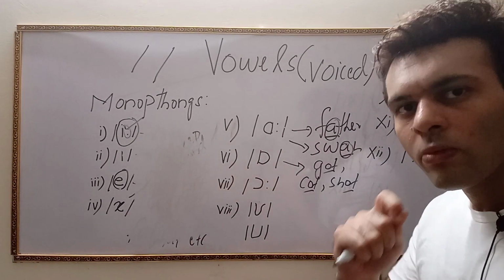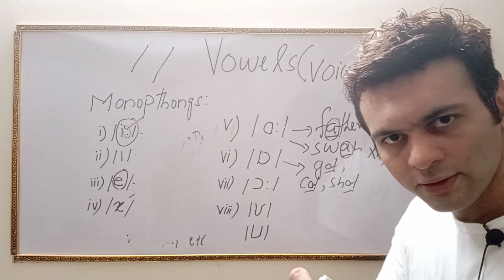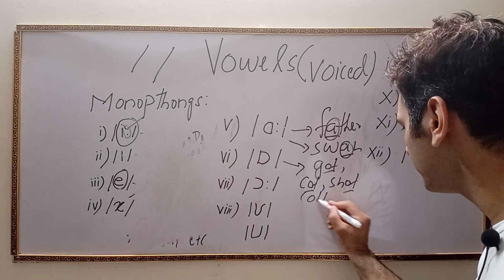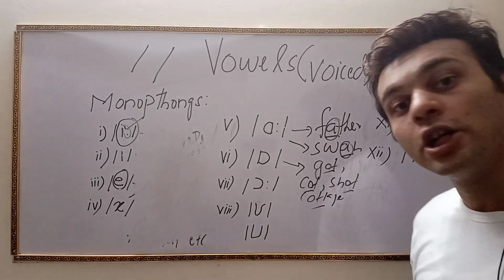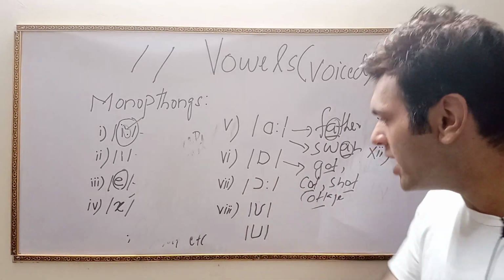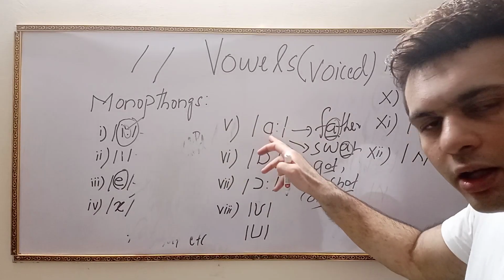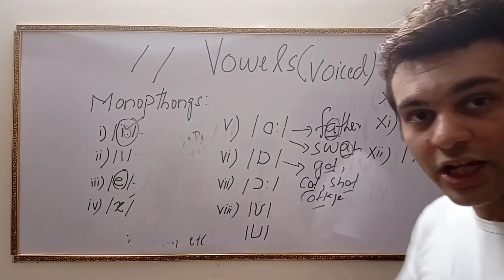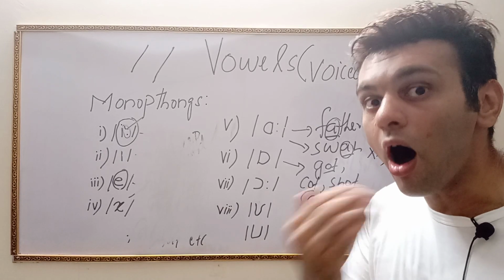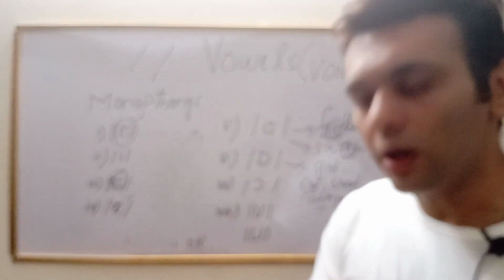Got, shot, cot, cottage. Again, short vowel. And that is why no two dots have been attached to it. Just the opposite of the long vowel. But it sounds like O. It's not like ah. It's O. Short, got, and caught.